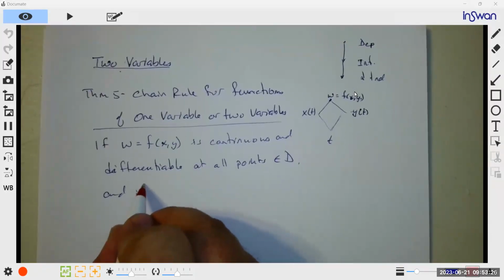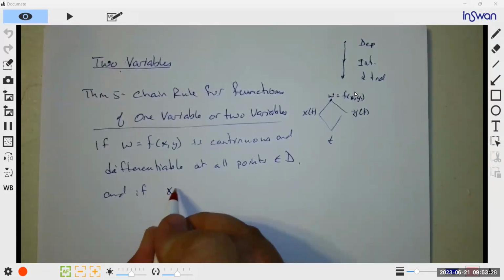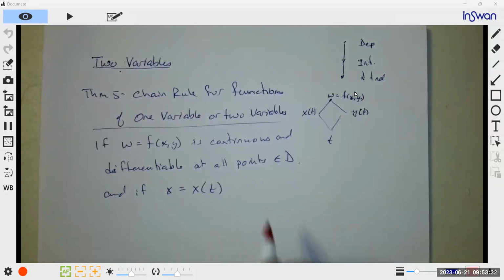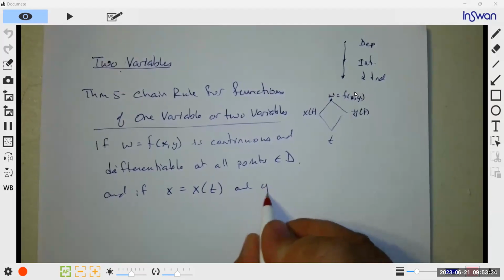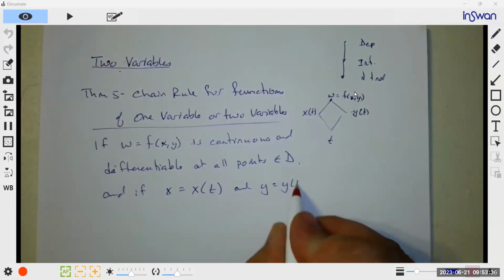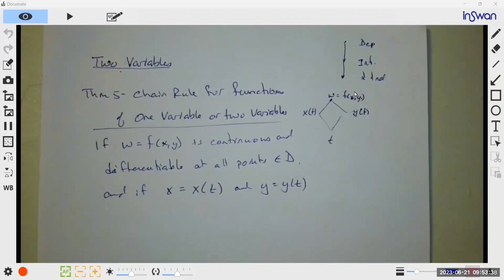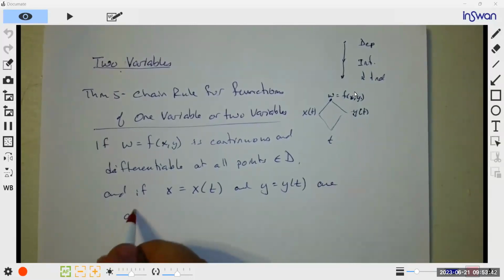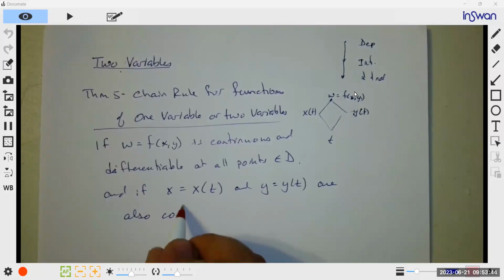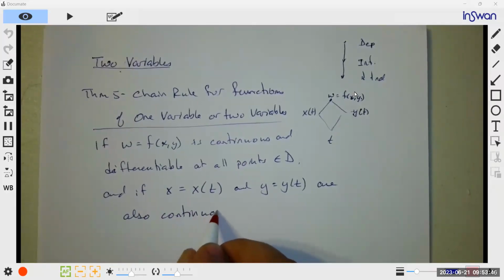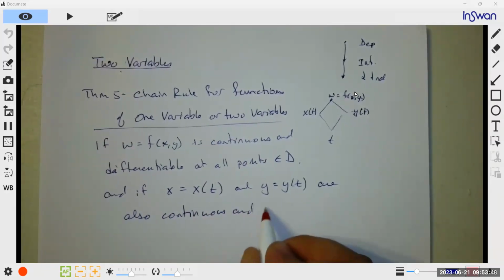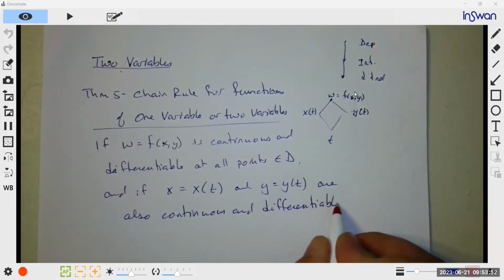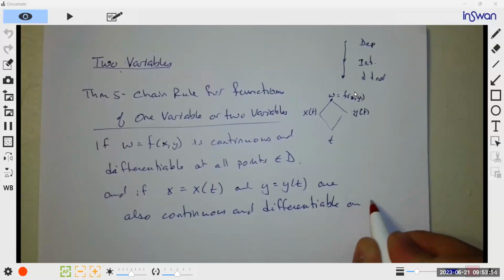and we have a couple more ifs now. If x is a subfunction of t and y is a subfunction of t, and they are also continuous and differentiable on the domain.